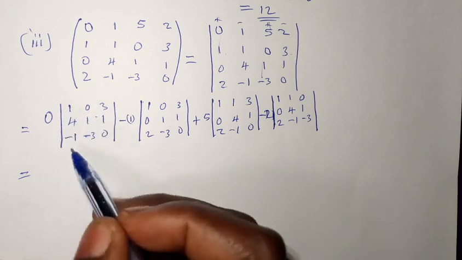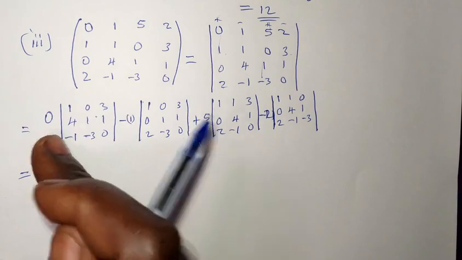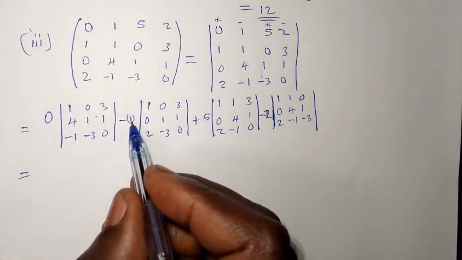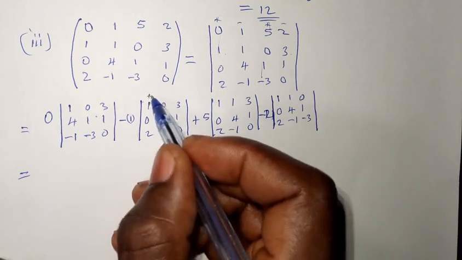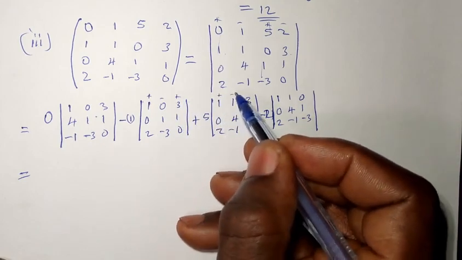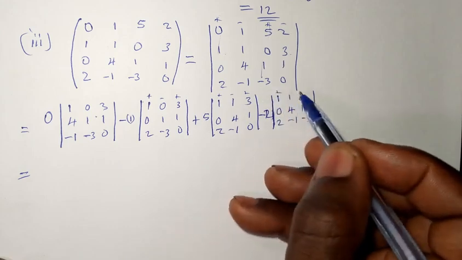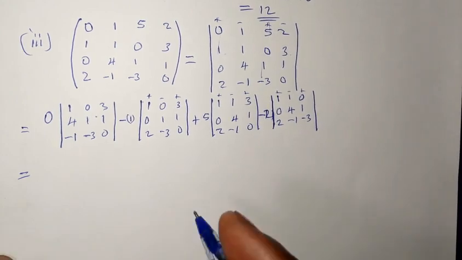Anything multiplied by 0 here is 0 completely. So we don't need to waste time there. We will not deal with this. So you take this one first. You know, this is plus, minus, plus, plus, minus, plus, plus, minus, plus. So let's deal with that one in order of that, so that we'll solve this problem.